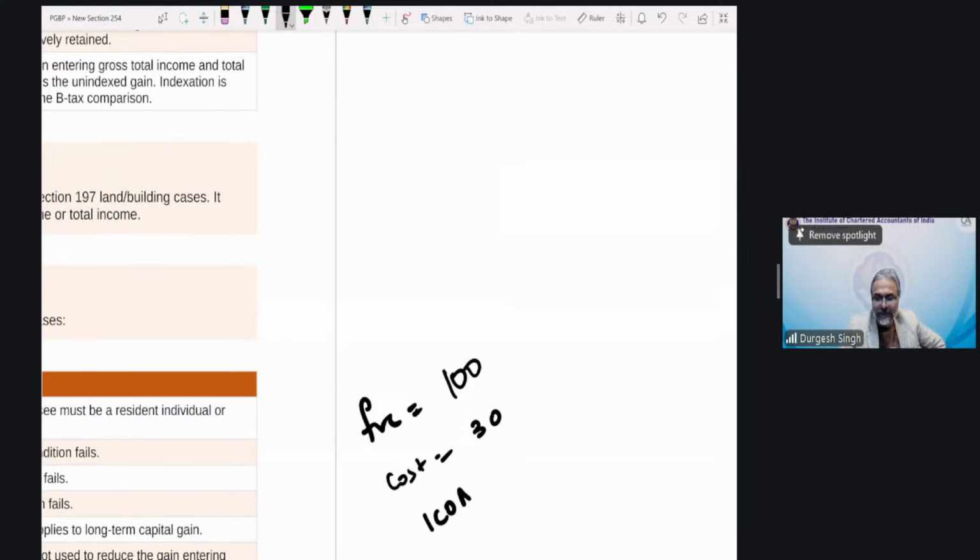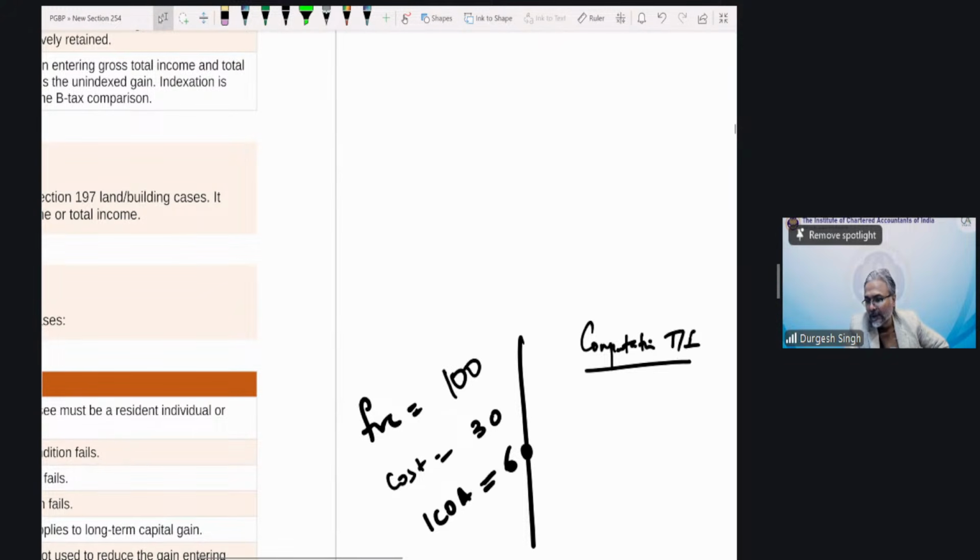Index cost of acquisition, students, assuming I have done the CII, that becomes say 60. Okay. Now there are two things herein. What are the two things? So this is what you already know. Now when you compute a total income, computation of total income, you'll have the heads of income: house property, PGBP, and then capital gains.